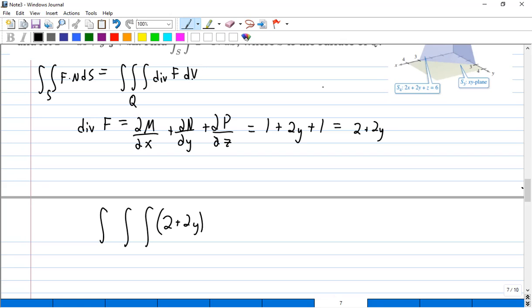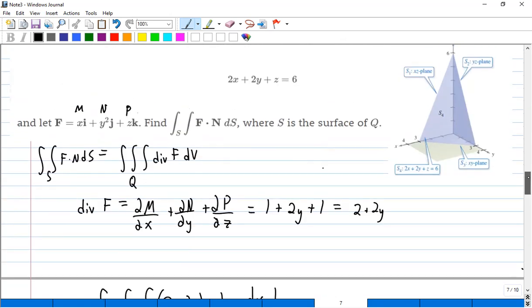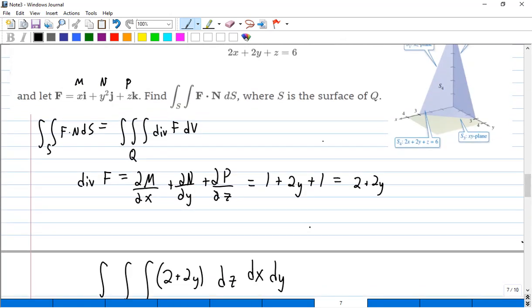So dV is either, we have 6 different possible combinations. Let's set this up: dz, dx, dy. What was the function again? I'm just going to write the function again right here: 2x plus 2y plus z equals 6. Alright, so if we take this equation, and we're in the first octant, right?